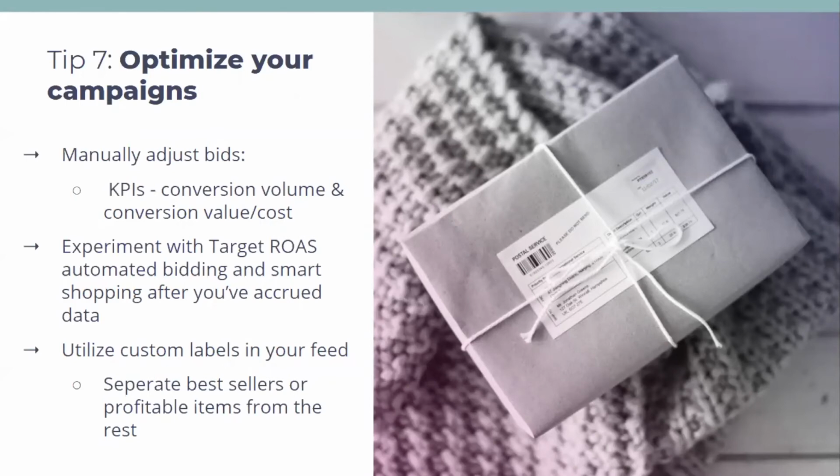So just as someone who does this a lot, the 2 KPIs I think are probably most important when you are optimizing, if you're on a manual bidding strategy, are your conversion volume and the stat conversion value over cost, because that will calculate a rough idea of your return on ad spend.